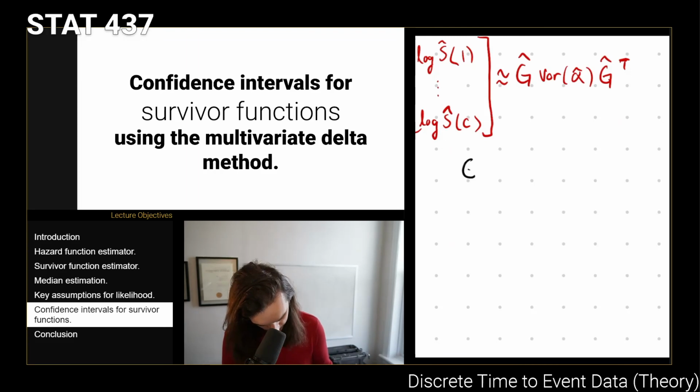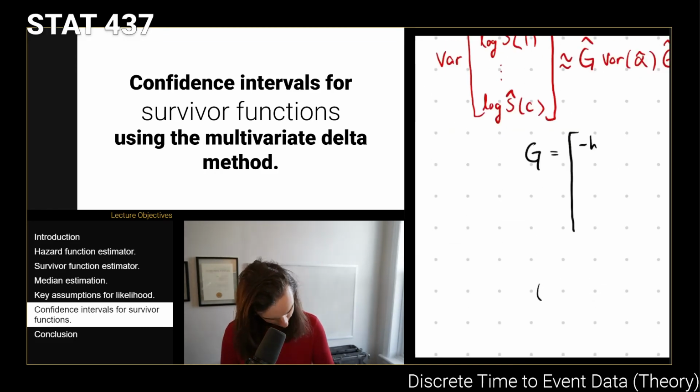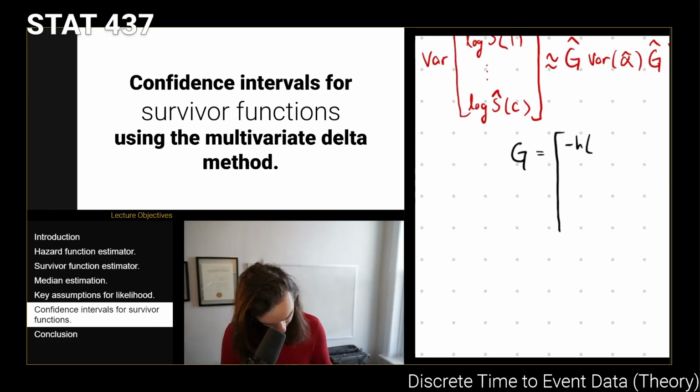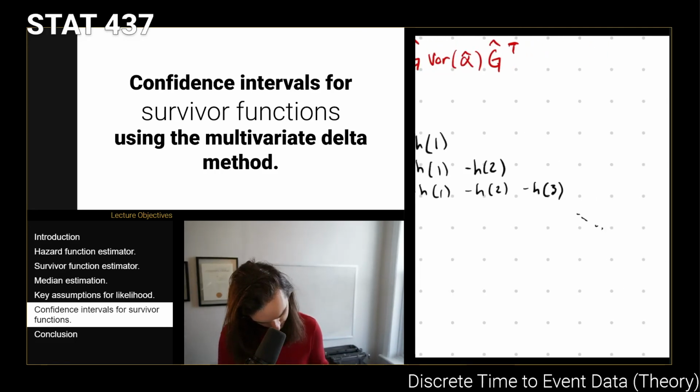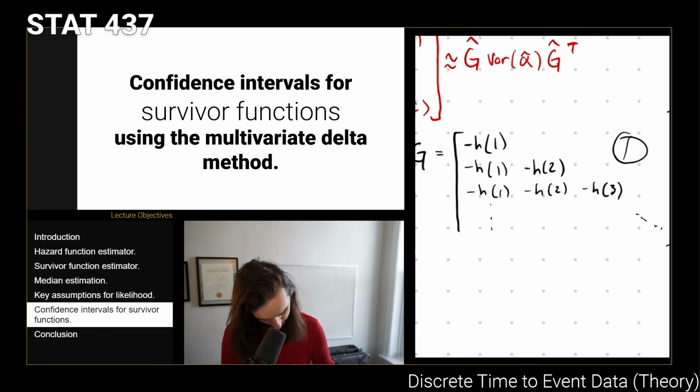Well, the matrix G is given by the lower triangular matrix, where we take negative h of each term, and so then we'd go negative h1, then negative h1, negative h2, then negative h1, negative h2, negative h3, and so on, right? And everything up in the top there is a 0.